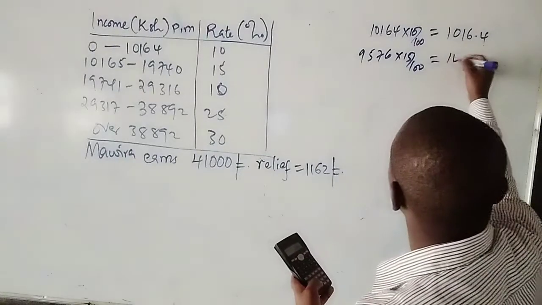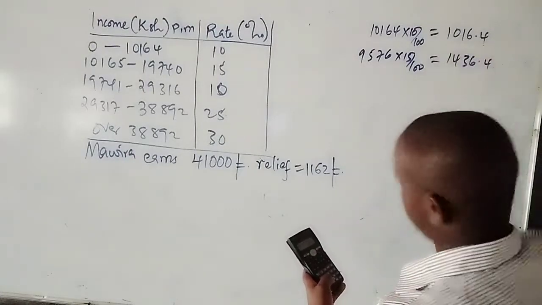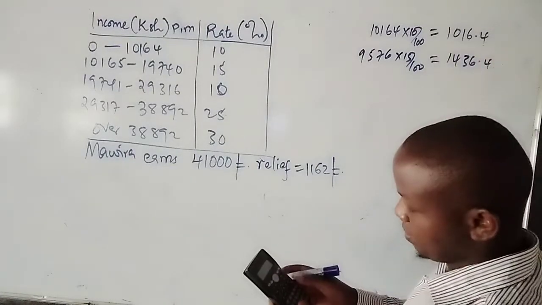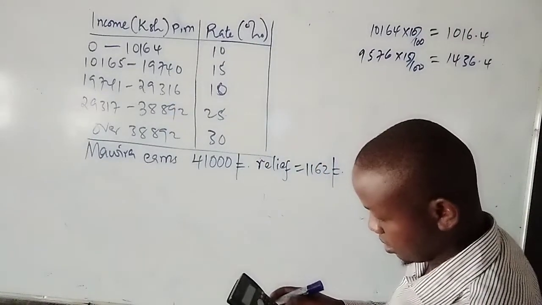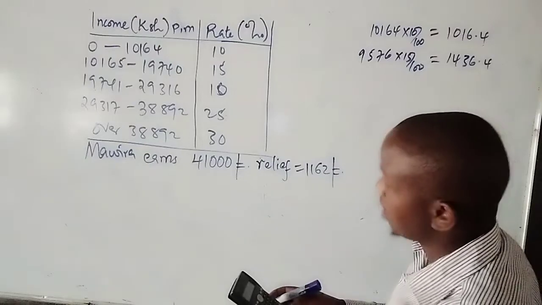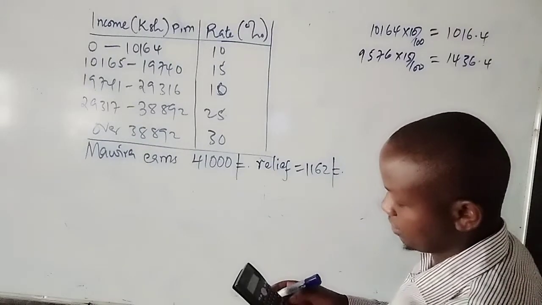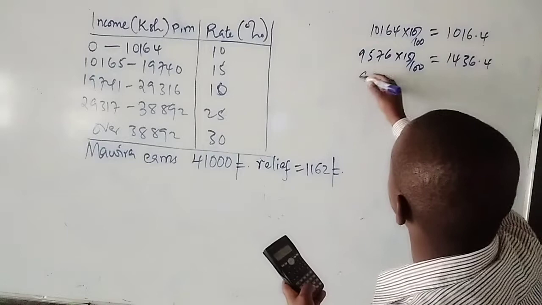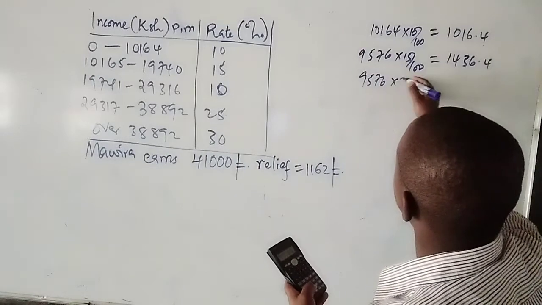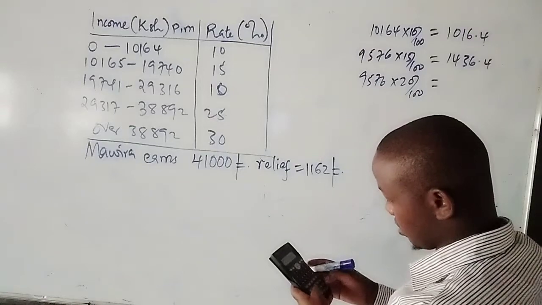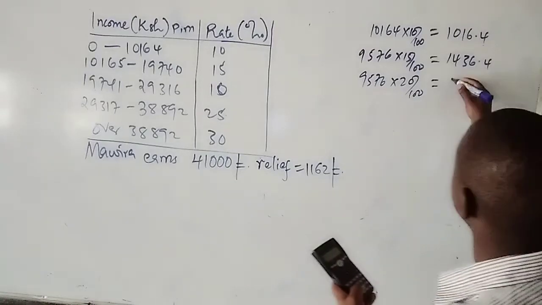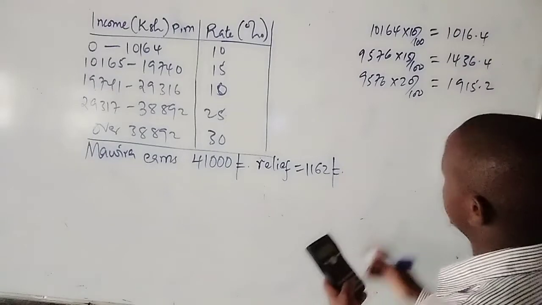This will give us 1436.4. Then the next will be 29,316 minus 19,740. This will give us 9576 at the rate of 20%, which is 1915.2.